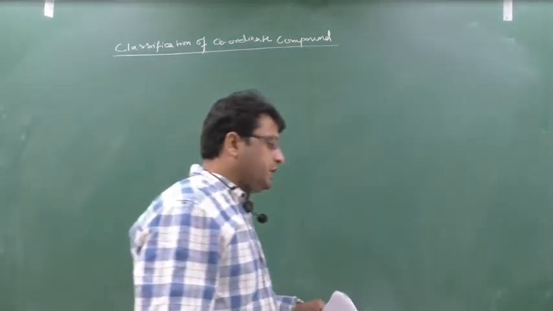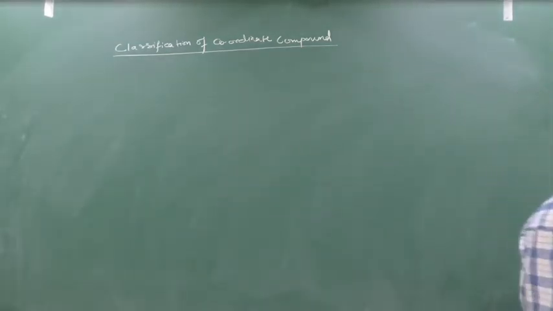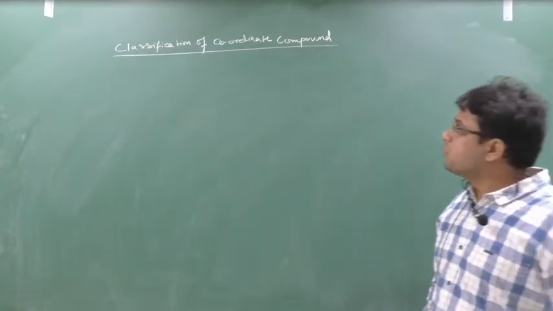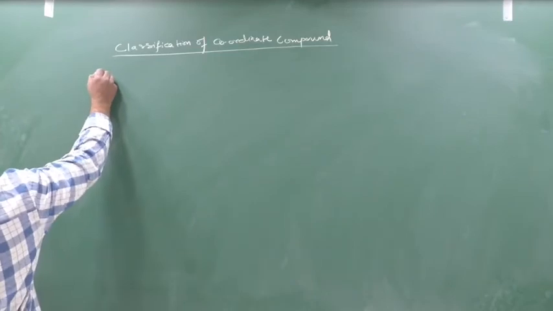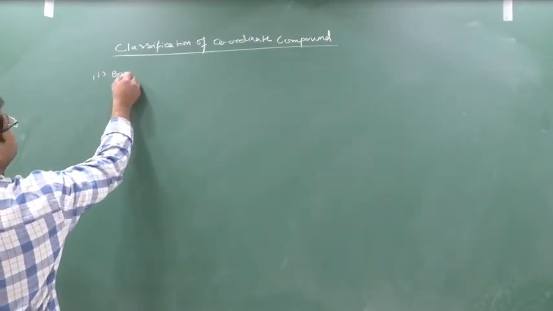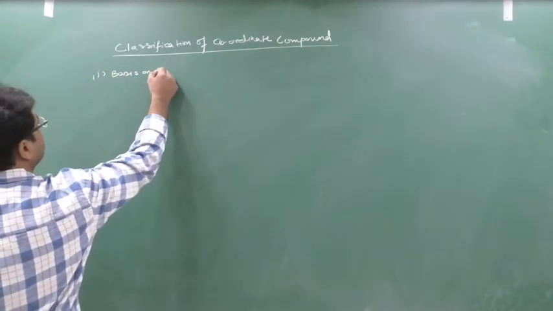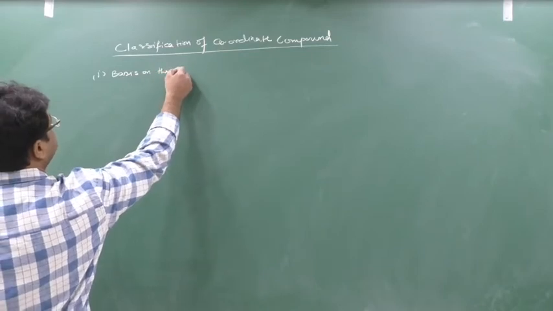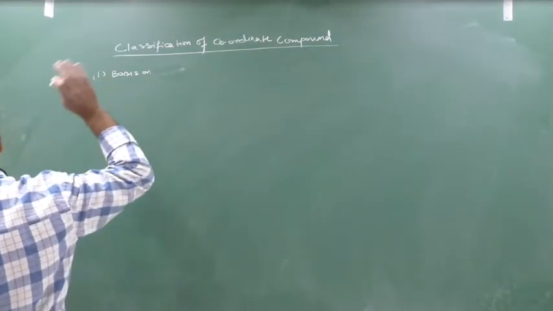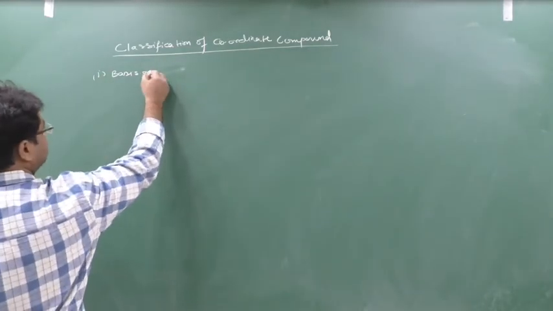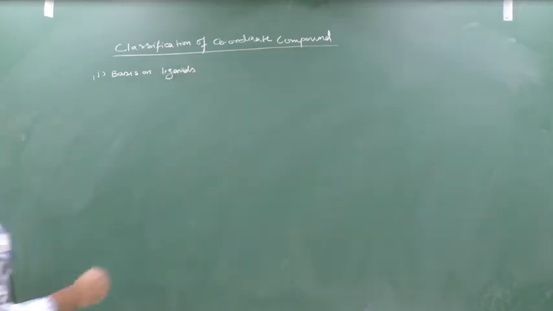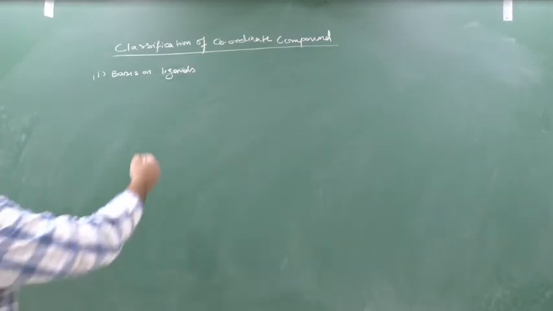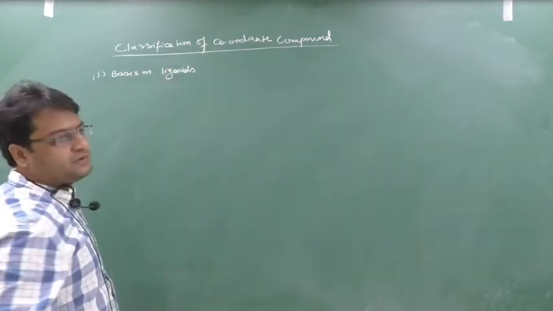We can classify coordinate compounds on the basis of two things. First, on the basis of the type of ligands. Last class I explained what ligands are, and in the next class we will do the classification of ligands, which is very important.